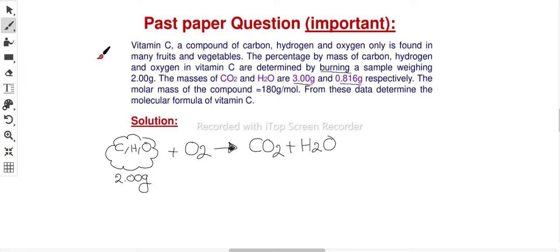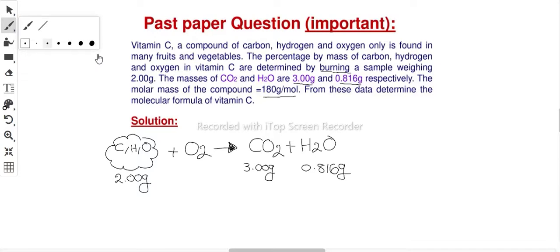So I have carbon dioxide, which is 3 grams, and the water vapor, it is 0.816 grams. The molar mass of the compound equals 180 gram per mole. From these data, determine the molecular formula of vitamin C.